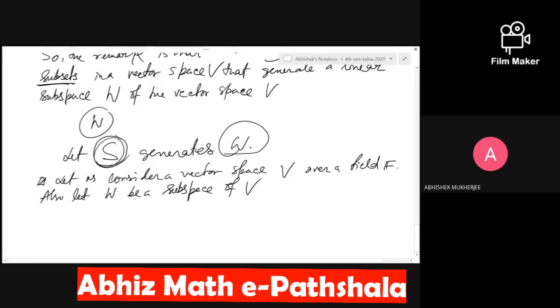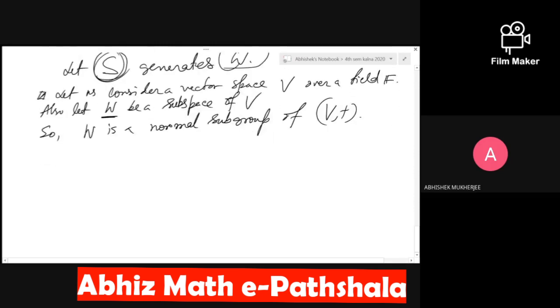Now, since V is a vector space, with respect to addition it is an abelian group. And for that reason, W being a subspace of V, it must be a normal subgroup of the additive group V plus, with respect to addition.